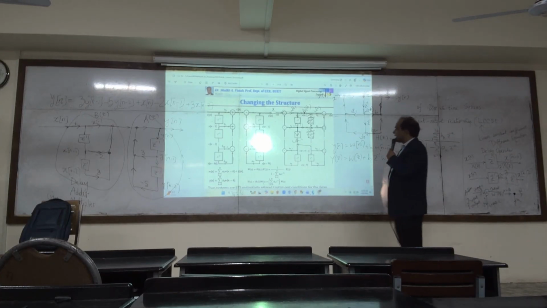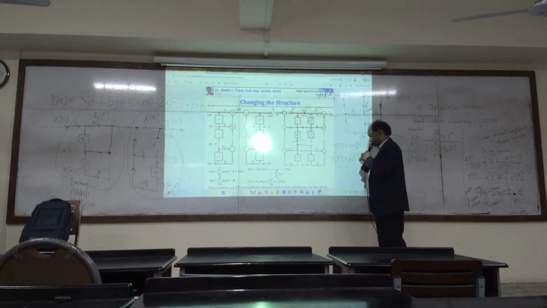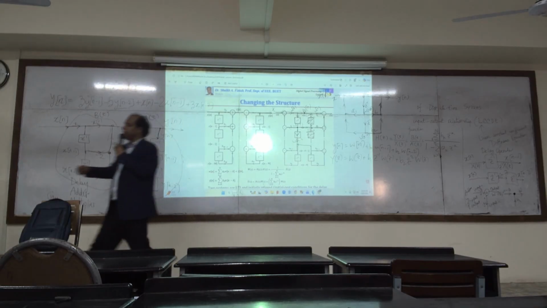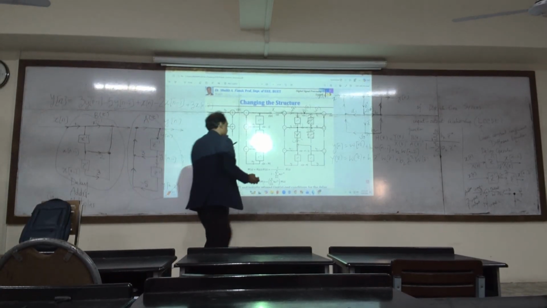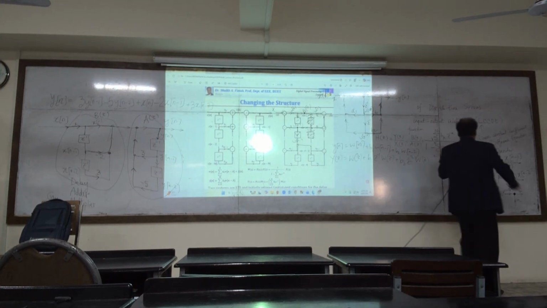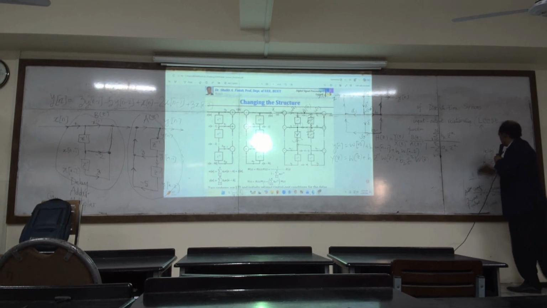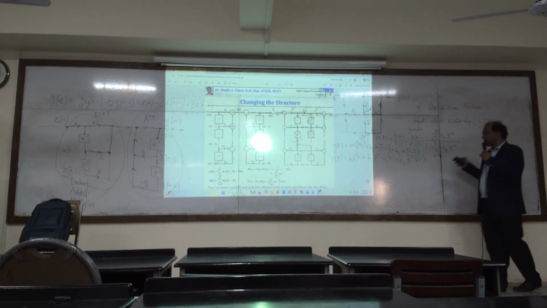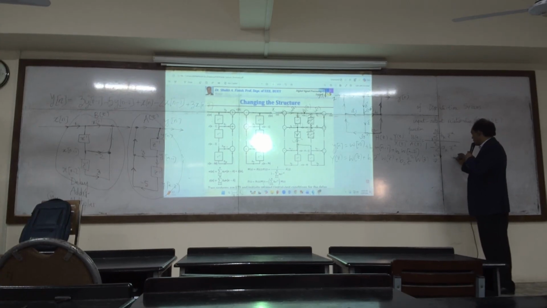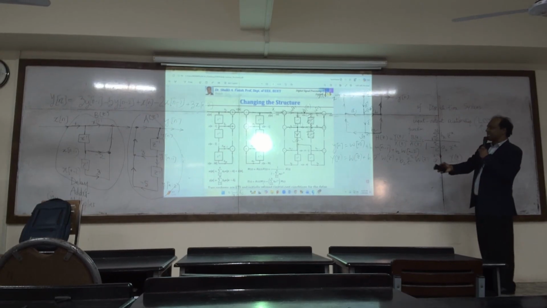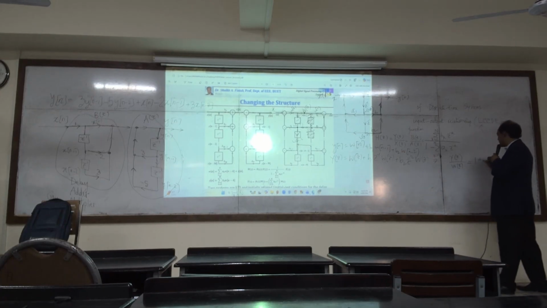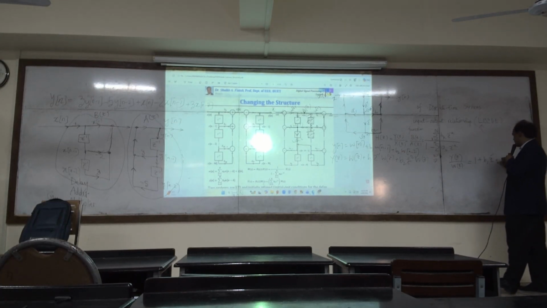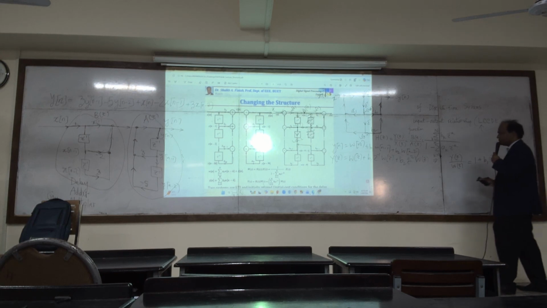So this one is equal to Yz by Wz, equal to 1 plus V1 Z to the power minus 1 plus V2 Z to the power minus 2.